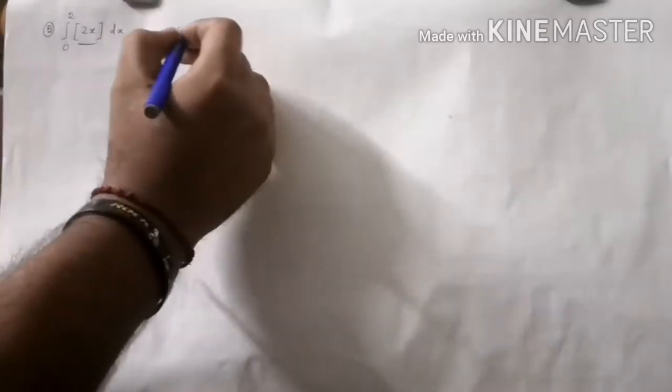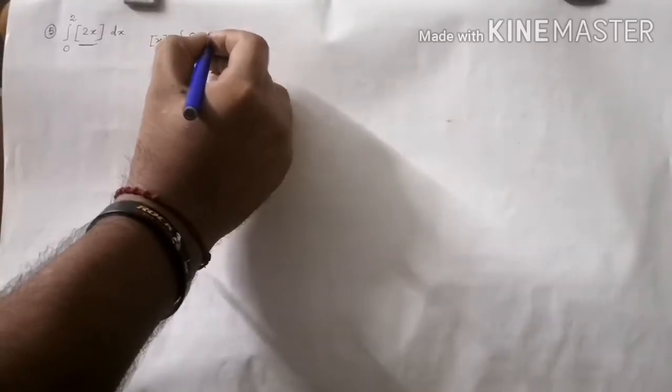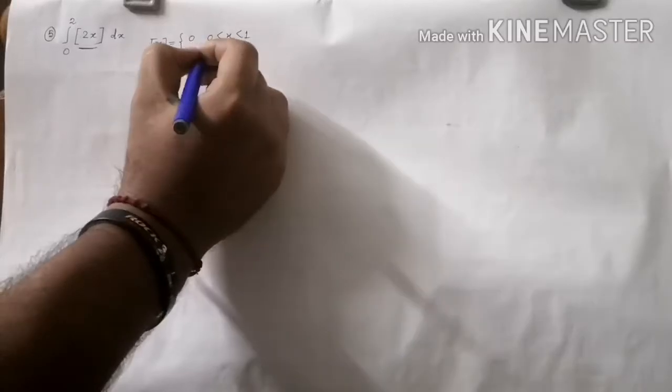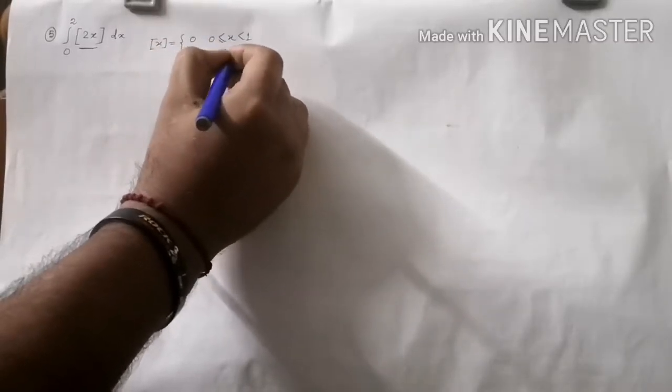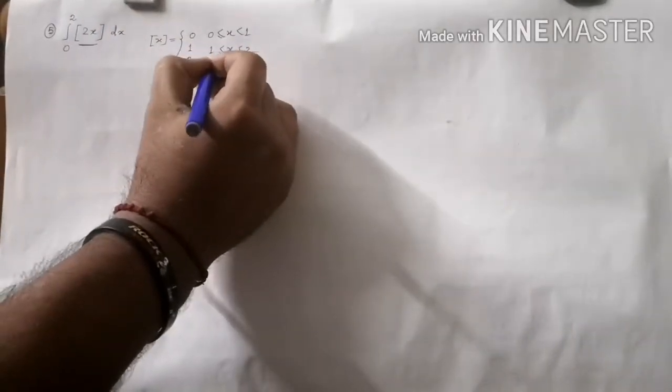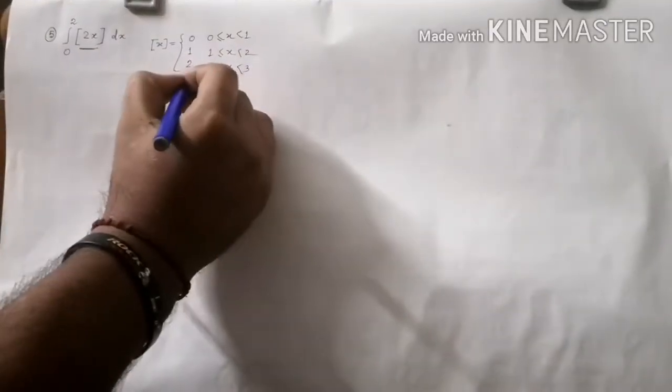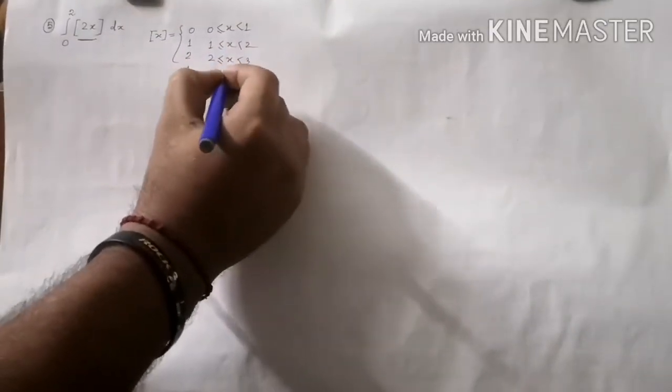The value of [x] is 0 when x varies from 0 to 1. The value of [x] is 1 when x varies from 1 to 2. The value of [x] will be 2 when x varies from 2 to 3, and the value of [x] will be 3 when x is 3 to 4.